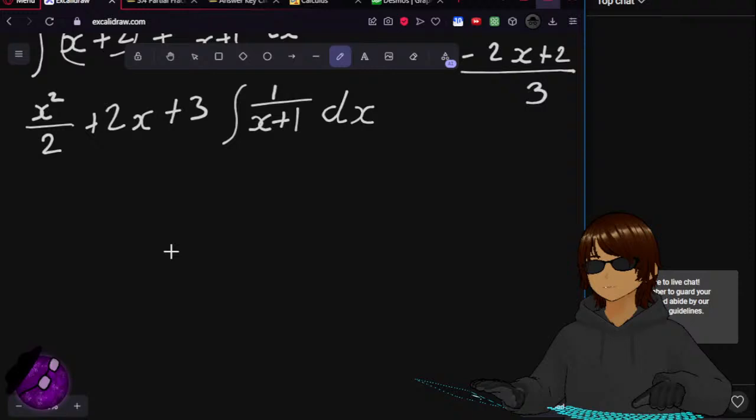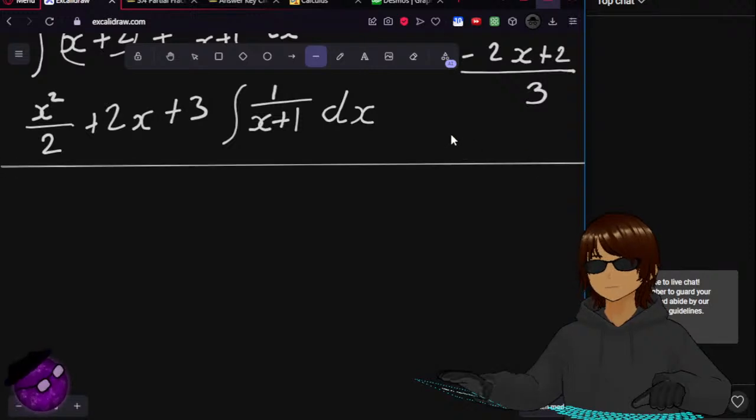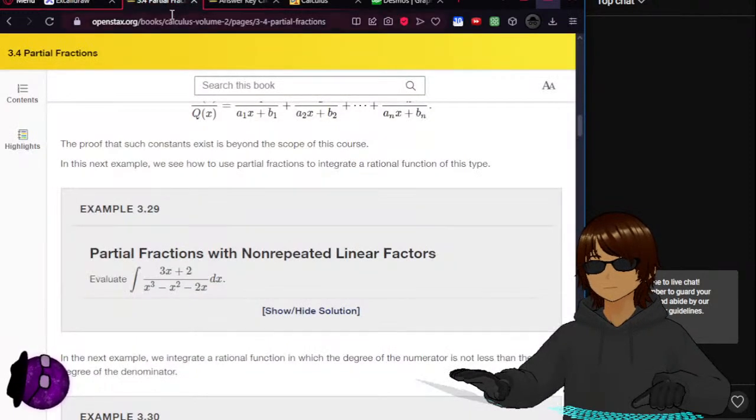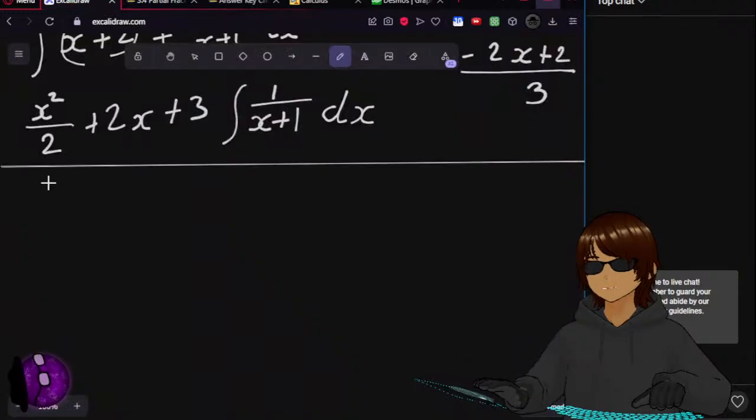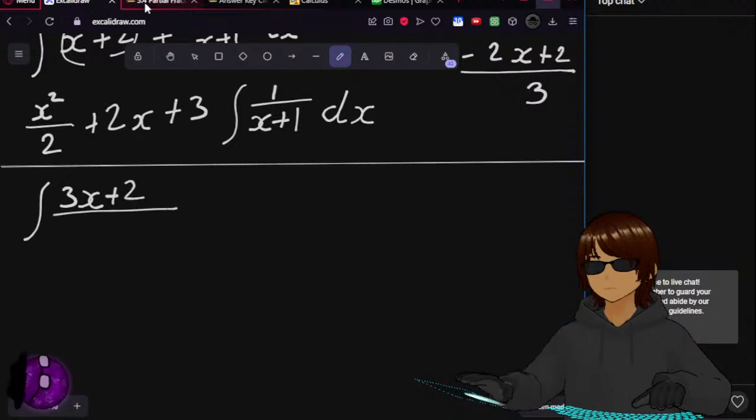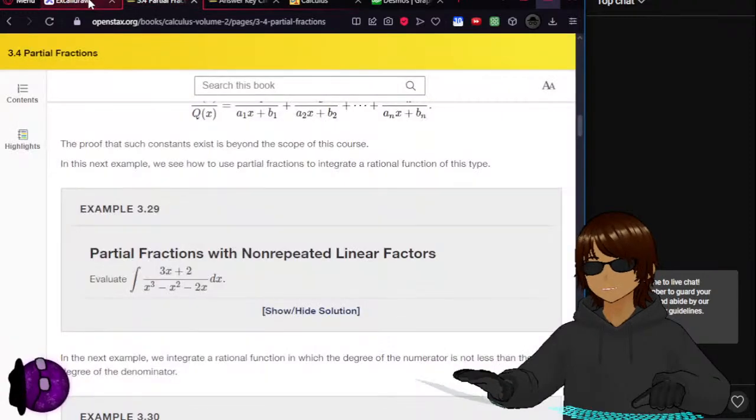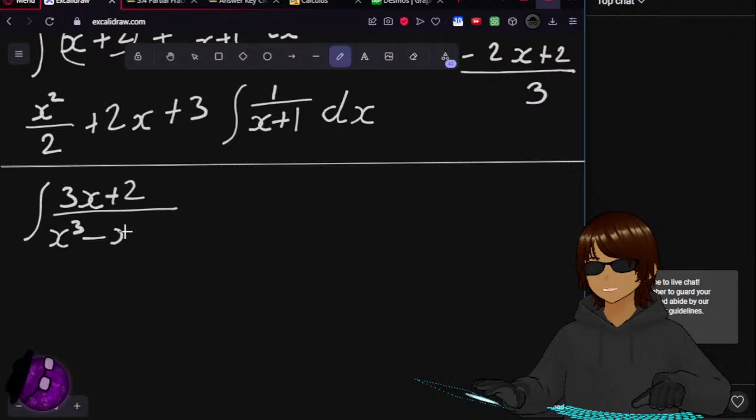Supposed to do, but let me just try. Three x plus 2 over x cubed minus x squared minus 2x.